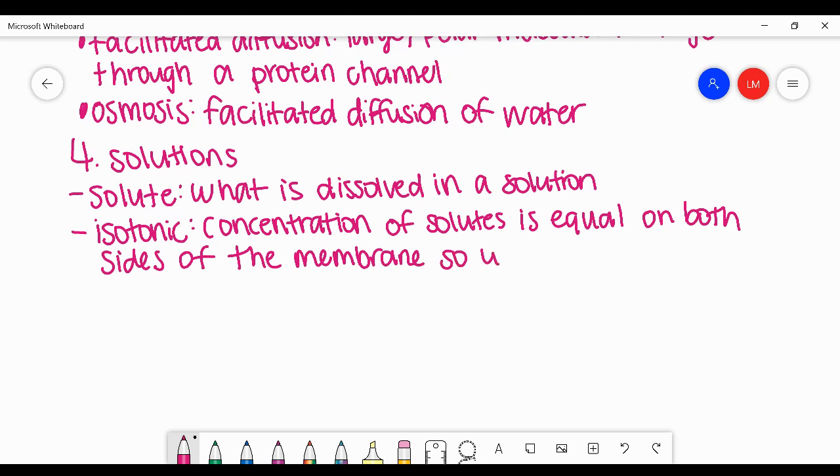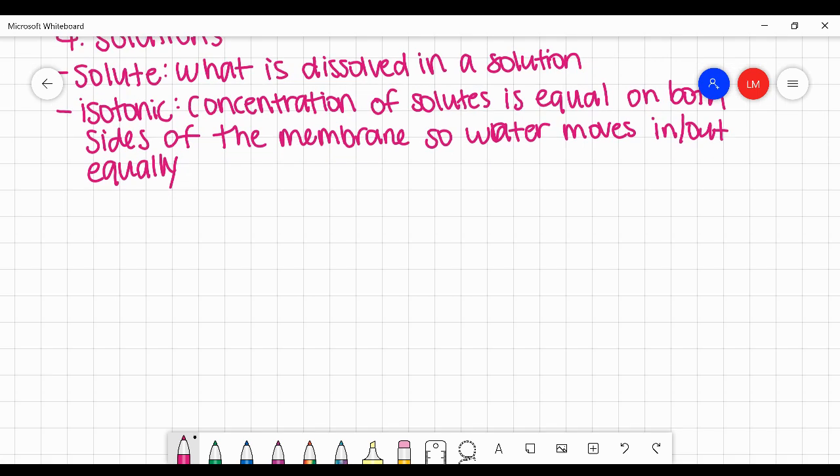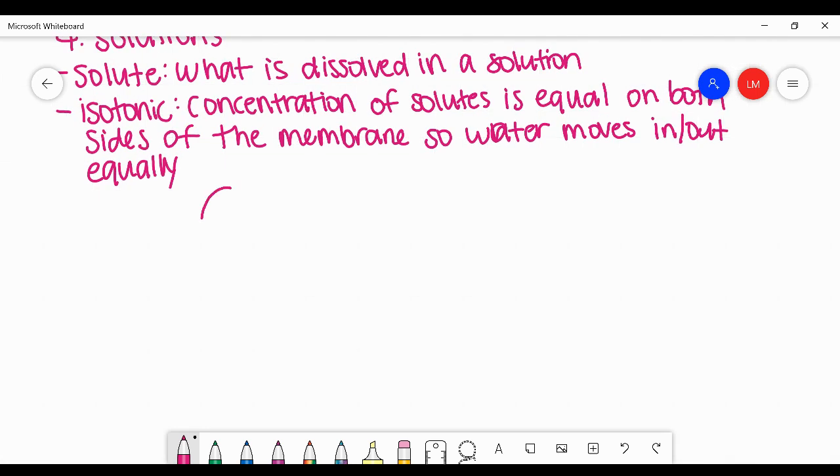So water moves in and out equally. Let's draw a picture of what that looks like. So here is my cell, and the dots will represent the solute, maybe salt.